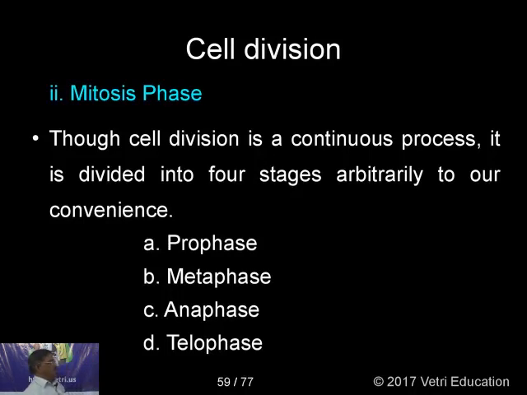The mitotic phase, though it is a continuous one, is divided into 4 stages arbitrarily for our convenience. They are prophase, metaphase, anaphase, and telophase. So 4 phases.